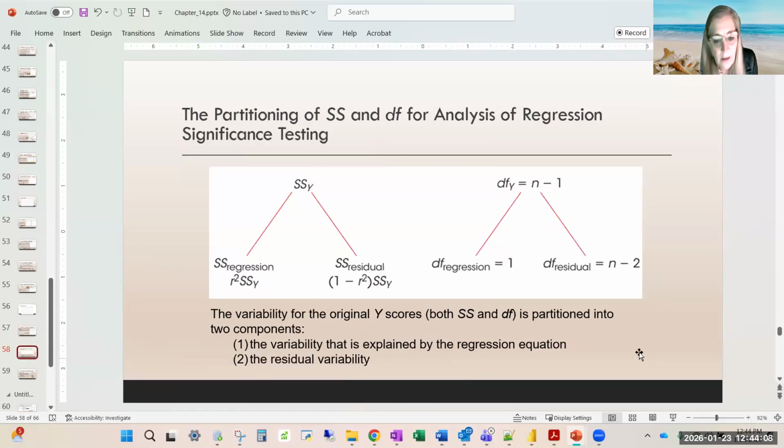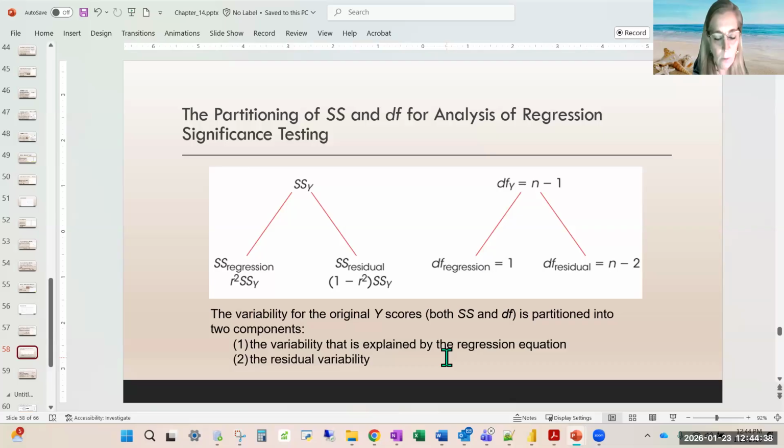All right, partitioning of SS, or sum of squares, and degrees of freedom for analysis of regression significance testing. The variability for the original Y scores, both sum of squares and degrees of freedom, is partitioned into two components. Before, we were trying to calculate the formula for that regression line, so we can make predictions based on data we might have in the future.